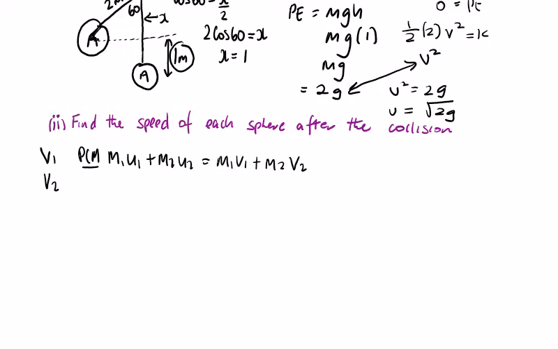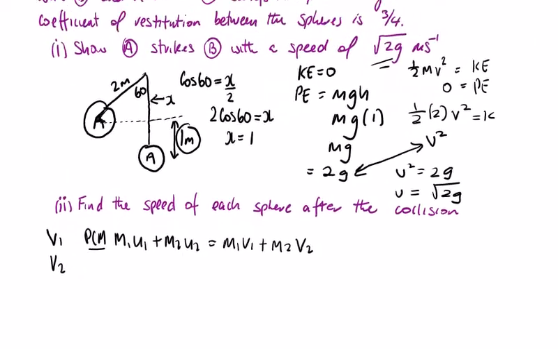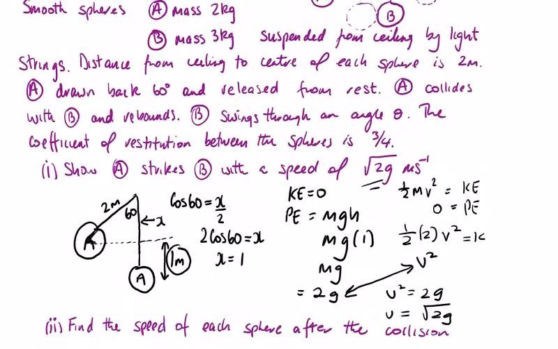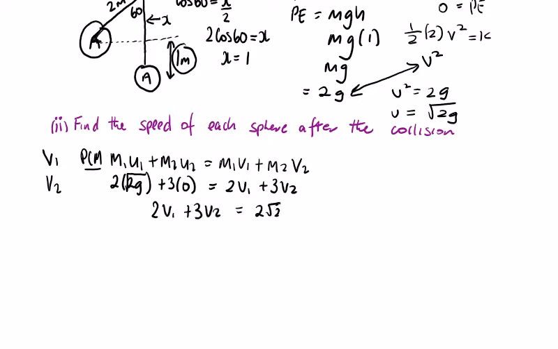Filling in our variables, we've got the speed root 2g, the mass of A is 2, and the mass of B is 3. So 2 by the square root of 2g plus 3, which is at rest, 0, equals 2v1 plus 3v2. So 2v1 plus 3v2 is equal to 2 root 2g.